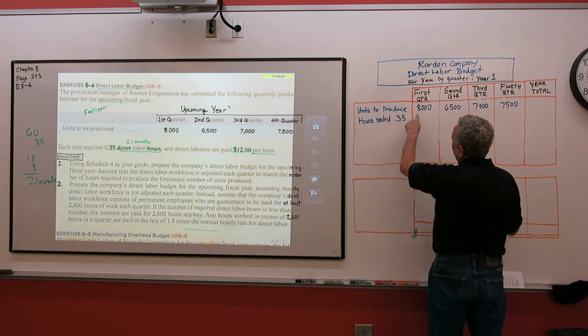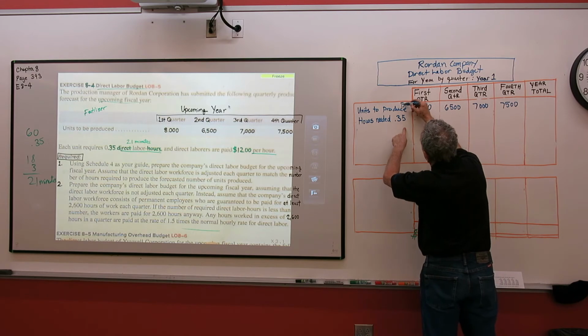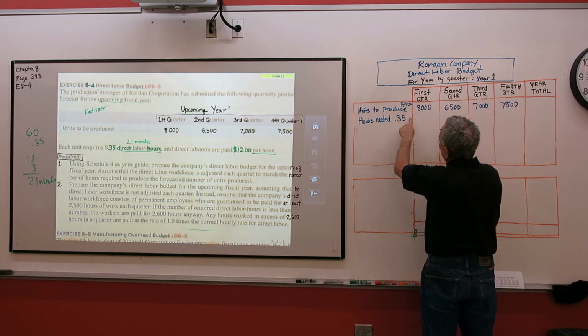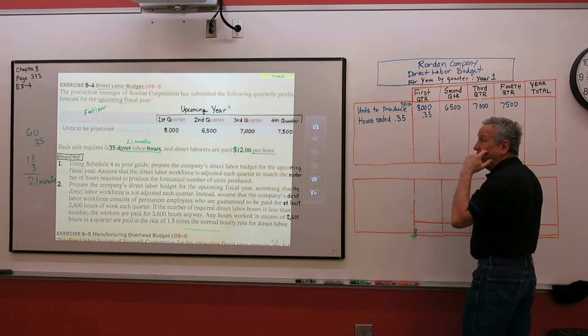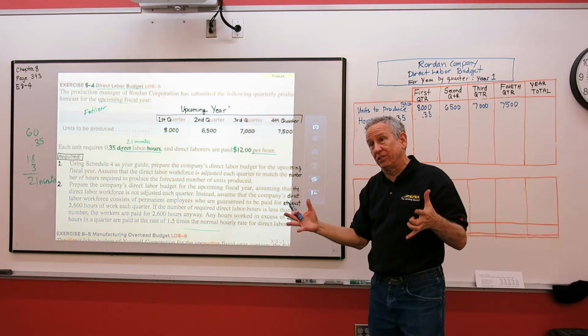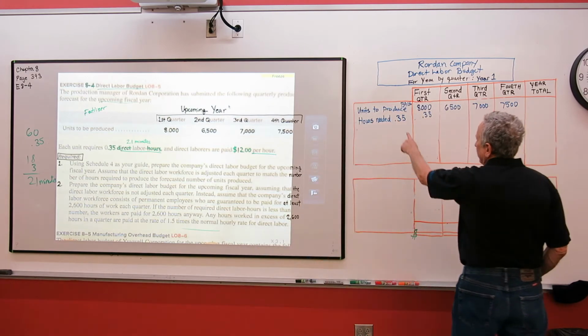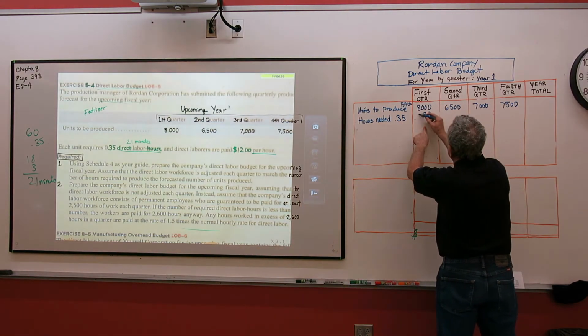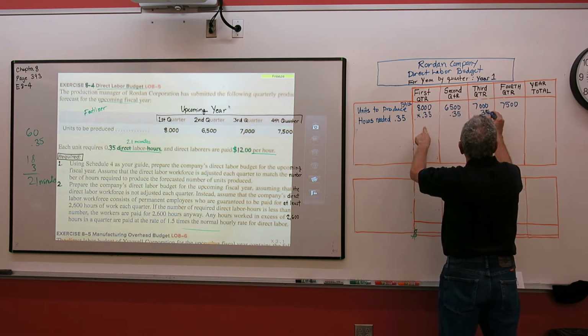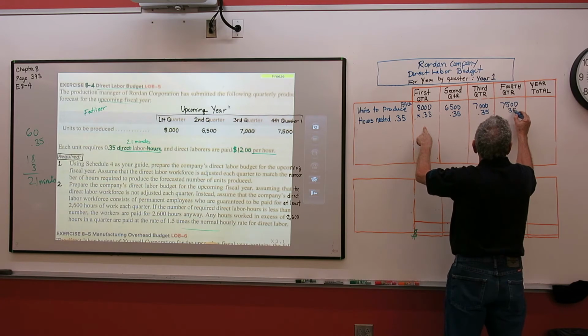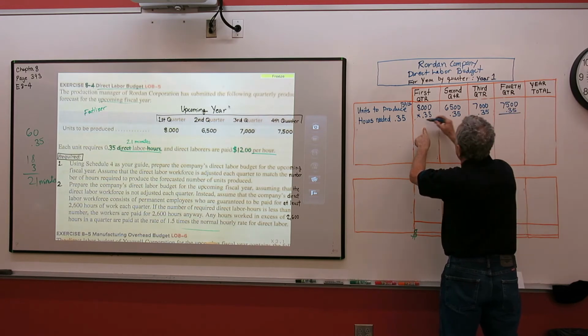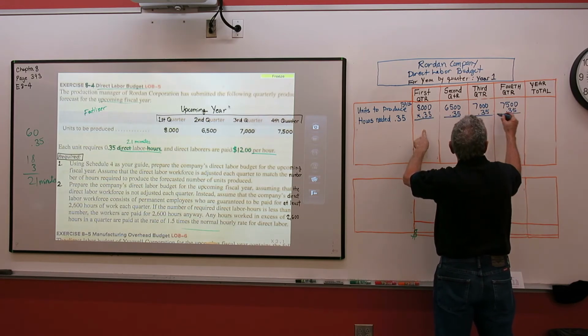These are bags of fertilizer. And each bag takes what? Let's keep it in hours. We could use minutes, but then we'd have to get the minutes and divide by 60 to get back to hours, and we don't want to do that. Let's just keep it at 0.35 hours. So we're going to multiply these each times 0.35 hours, and then we'll have how many hours we need.